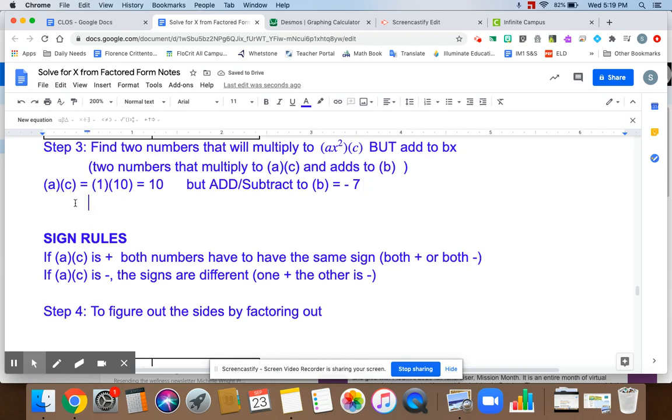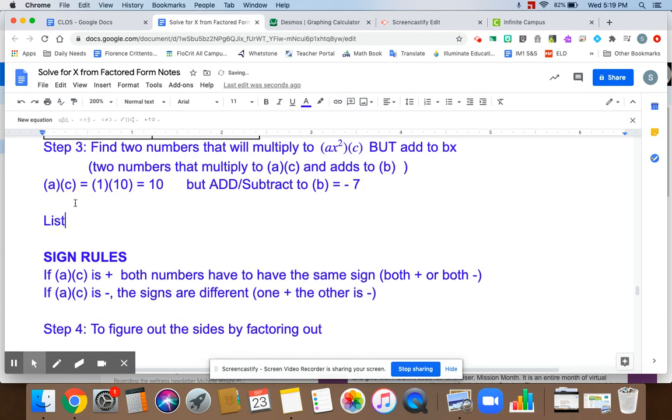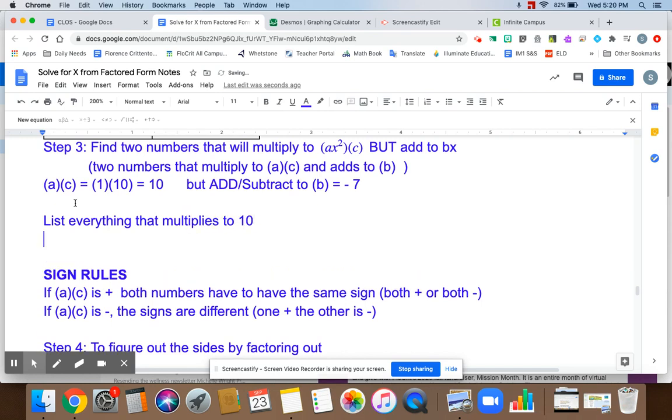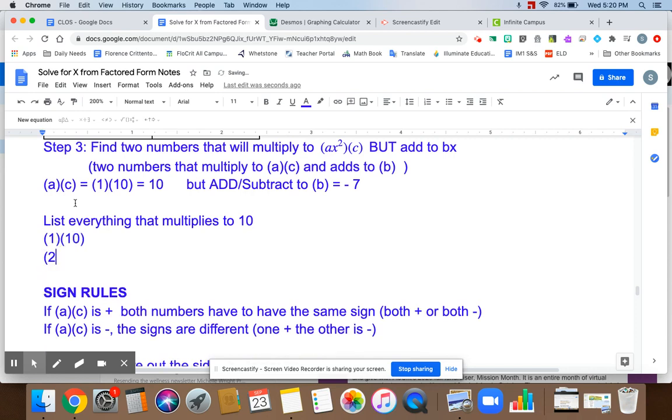So first, I'm going to list everything that multiplies to 10. If I divide 10 by 1, I get out an answer of 10. If I divide 10 by 2, I get out an answer of 5.